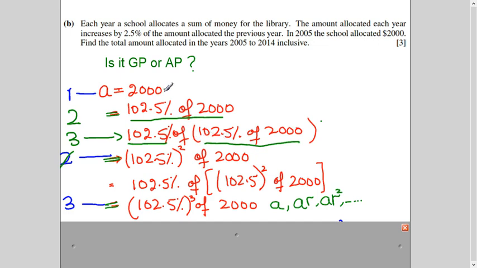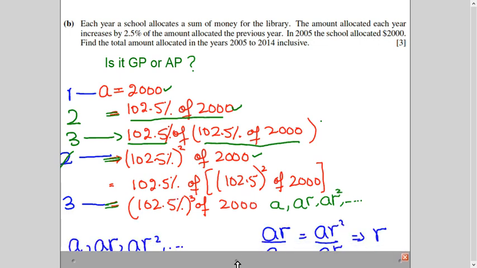So first it is 2000, then it is 102.5% of 2000, then it is 102.5% squared of 2000. Now next year you will take 102.5% of this, so it will become cube. So what is happening? 2000, then this of 2000, then square of this of 2000, then cube of this of 2000. So automatically you get, let me write here 4, sorry.